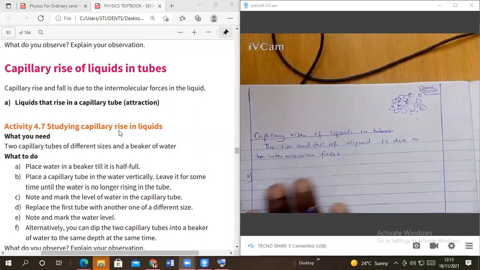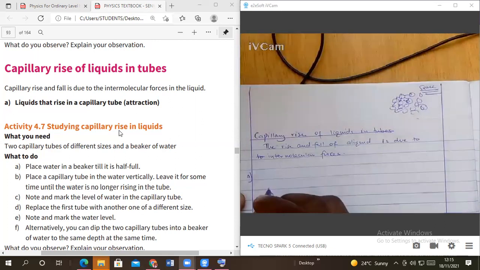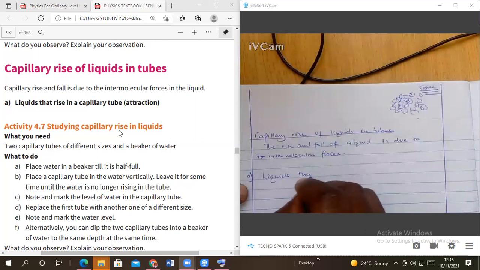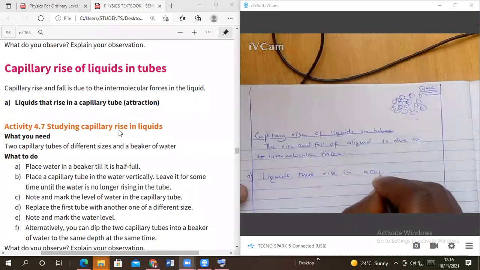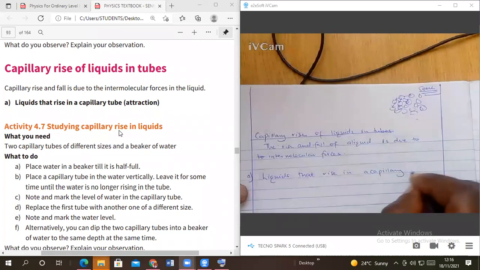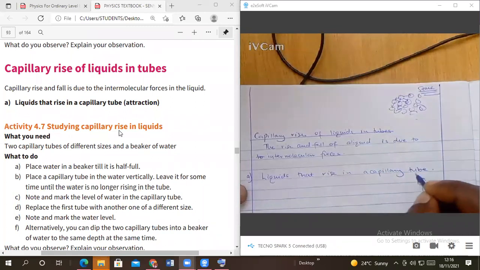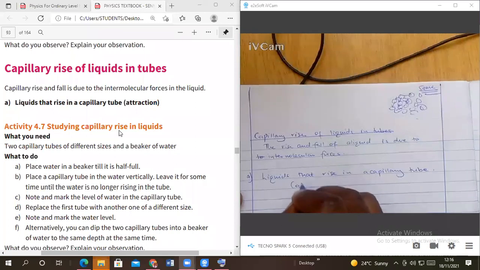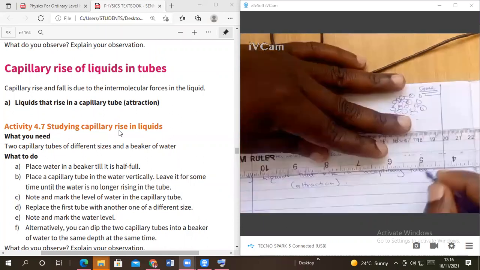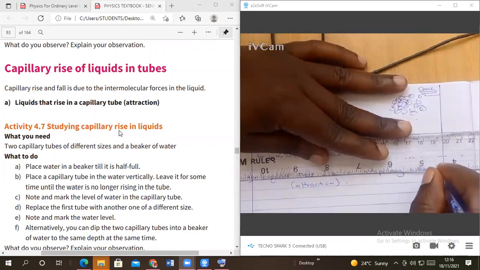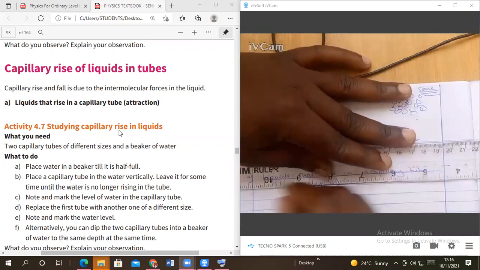So part A, liquids that rise in a capillary tube, in brackets, attraction. So some liquids rise in a capillary tube.